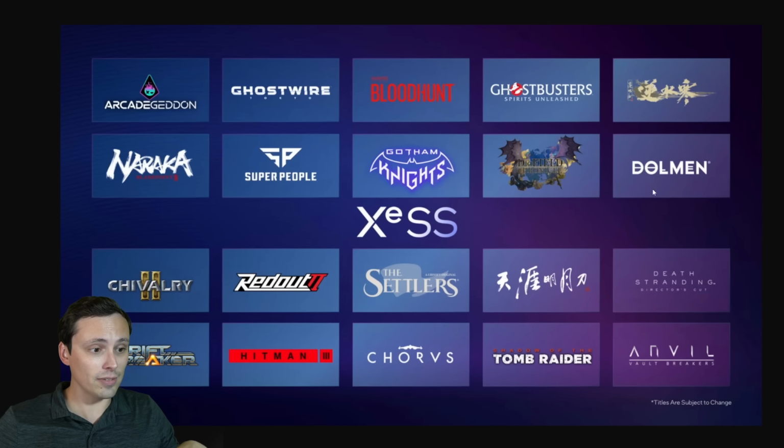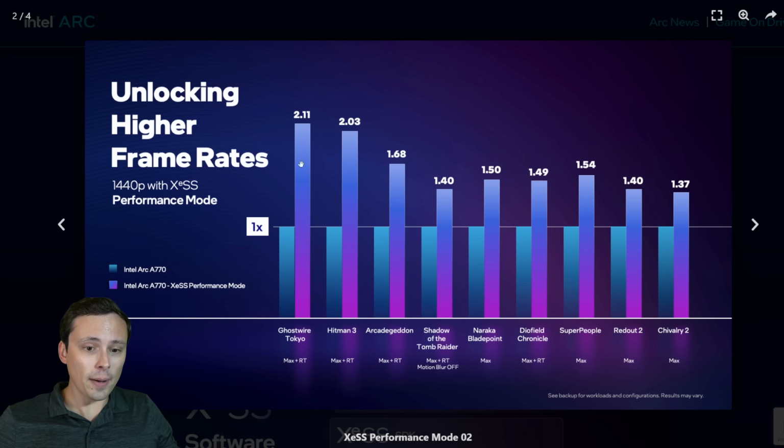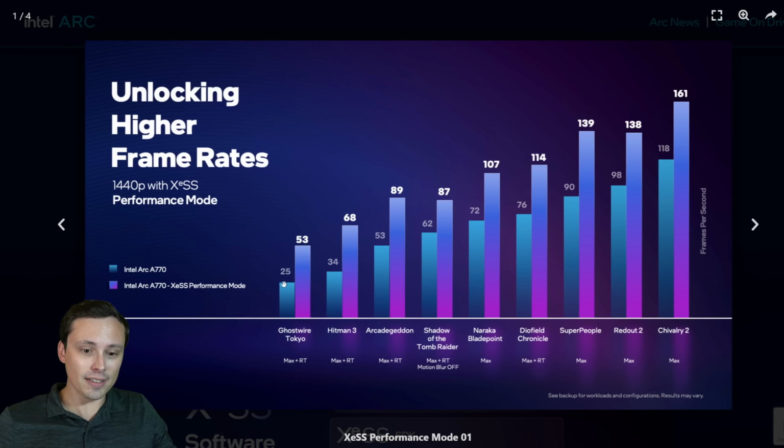And there are lots of games being confirmed to support this technology. But again, as I was saying here, they've given us some performance numbers, and we're getting some big performance boosts. And it seems like the worse a game actually runs, when you look at it in terms of actual frame rate, the larger boost you can get from running XeSS.